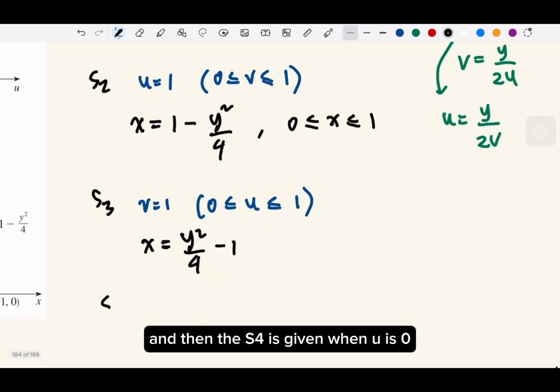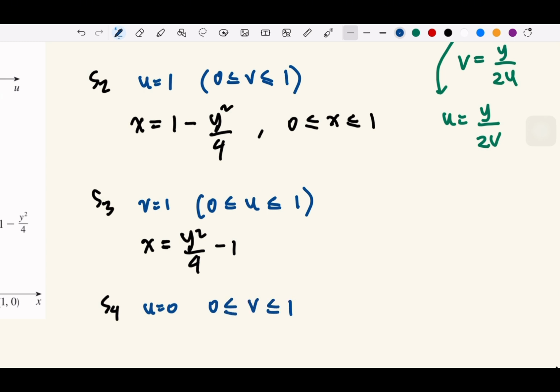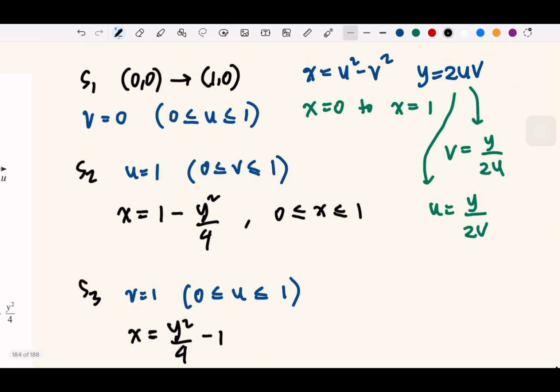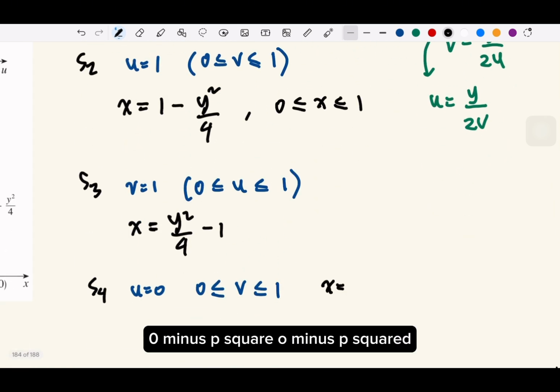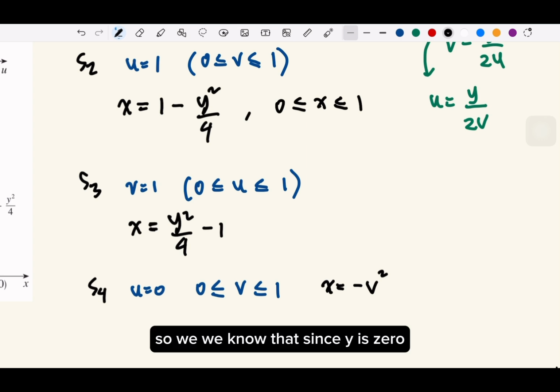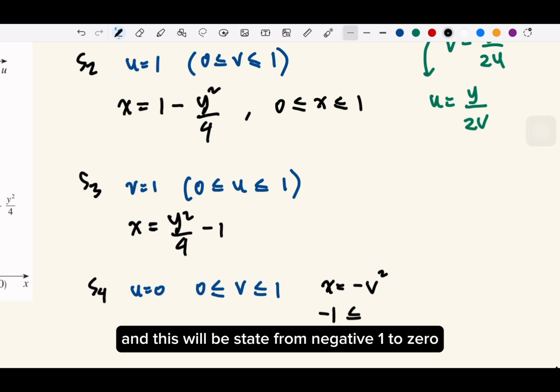And then S4 is given when U is 0 and V goes from 0 to 1, and that is when x is 0 minus v squared, or minus v squared. Since y is 0, this will be from -1 to 0.